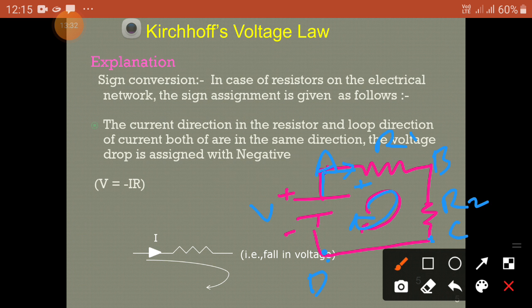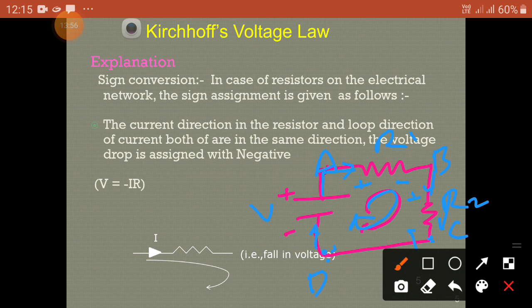This is positive, this is negative, high potential to low potential, dropping. Now the same current is entering here, plus, and this is minus. The current is coming in this direction, and this is also negative, entering here. So these are the plus minus indications.